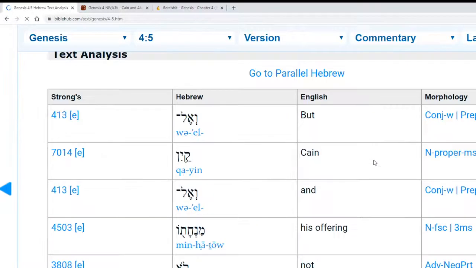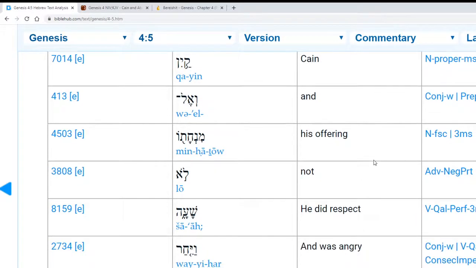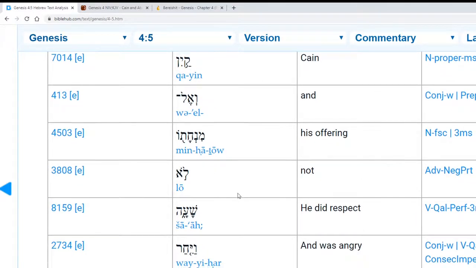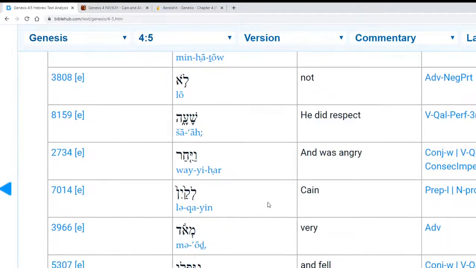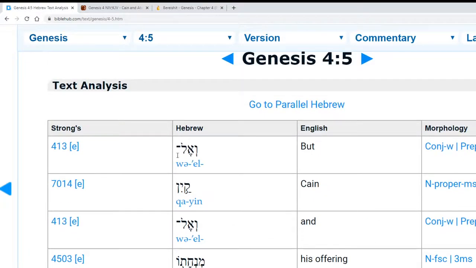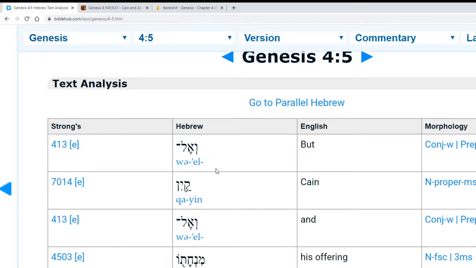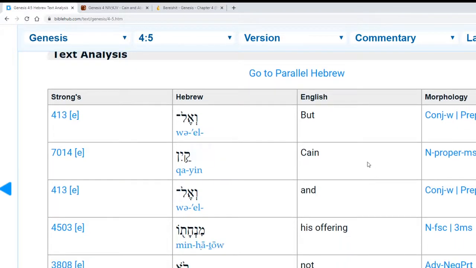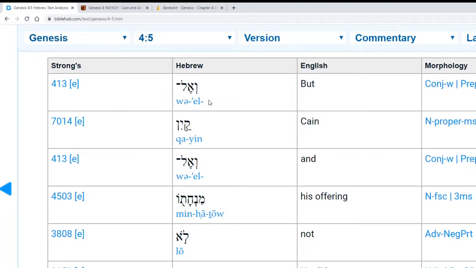Okay, verse 5. Ve'el Qayin ve'el minchato lo sha'a ve'yichar l'Qayin me'od ve'yiplu panav. Okay, so conjunctive vav, the preposition el with the aleph, Qayin is his proper name, and to Cain, ve'el minhato.